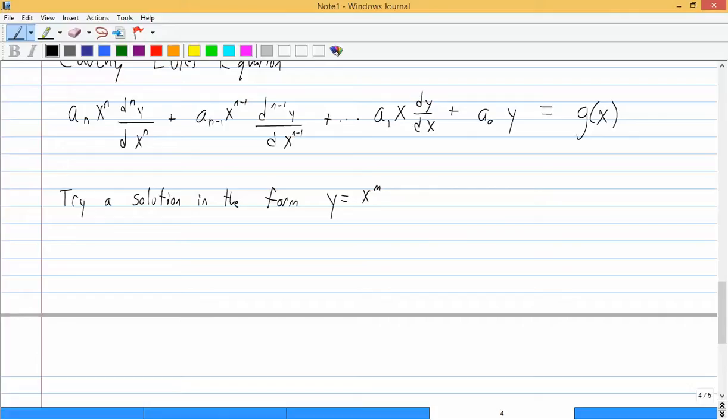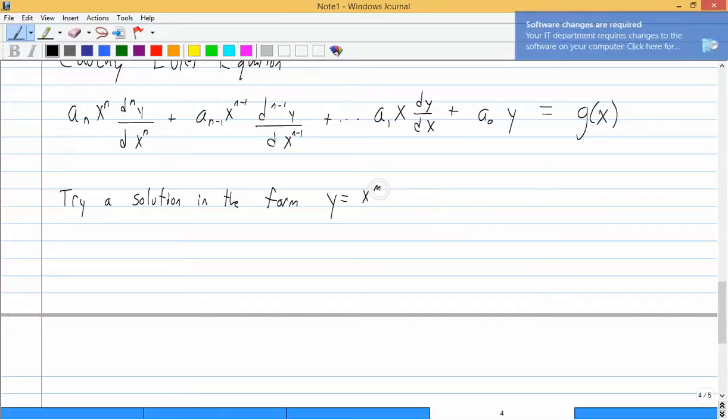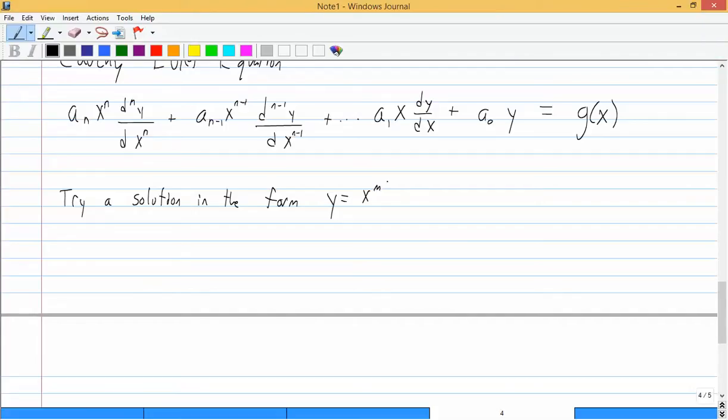That this m right here is a solution of the auxiliary equation. Just like we had e to the mx, if we were to try y equals x to the m, then we would have a m times m minus 1 plus b m plus c equals 0.